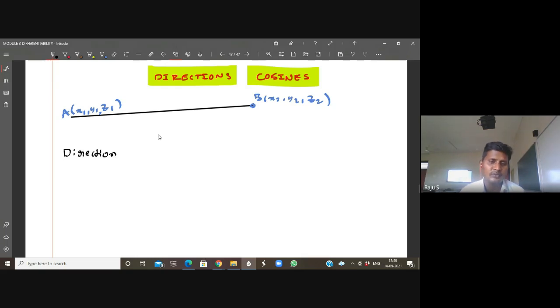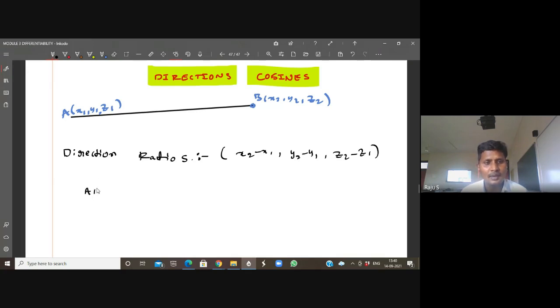Before finding direction cosines, you should find direction ratios. We will discuss direction cosines and direction ratios briefly in the next chapter, three-dimensional geometry. When two different points are given, the direction ratios are x2 minus x1, y2 minus y1, z2 minus z1. Got it?